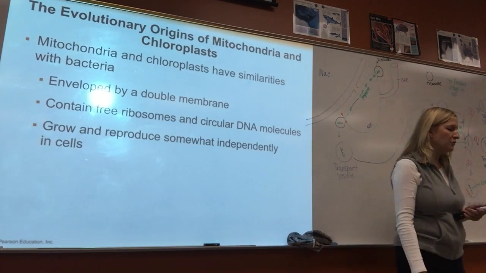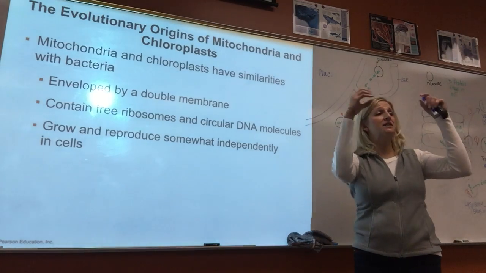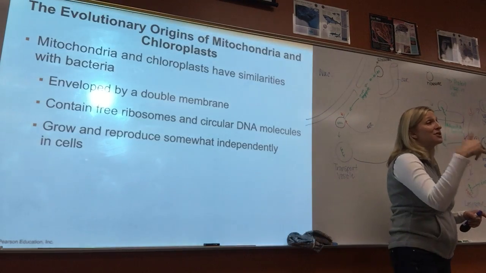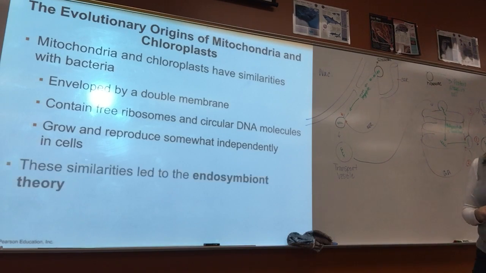And then also they grow and reproduce independently, meaning that bacteria can grow and divide and make new bacteria. But guess what? So can our mitochondria and chloroplasts in plant cells. Mitochondria can divide and make more mitochondria. And so that's also similar to the bacteria. And so this woman named Lynn Margulis came up with this theory called the endosymbiont theory, or endosymbiosis.